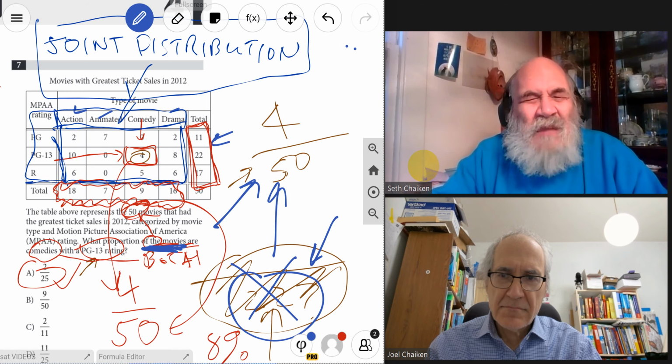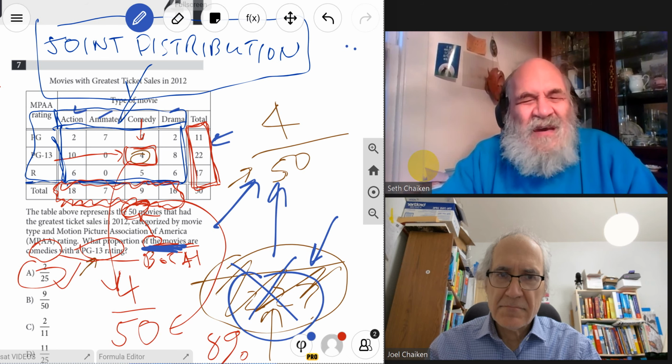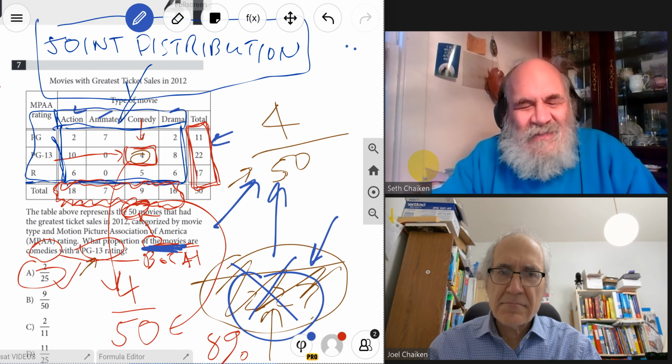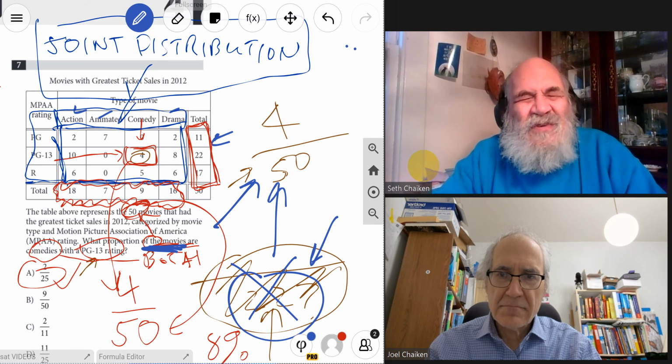These numbers are not probabilities. They are numbers of cases. So this is not a distribution of probabilities. This is data. So this is a joint table of data.